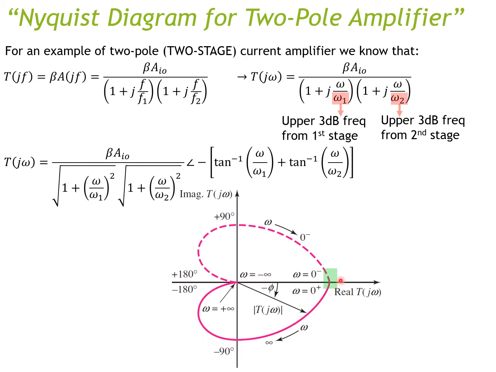Okay, so at omega equals 0, what can you see? Since this is a polar plot, you want to consider the magnitude, which is the length of the vector. In other words, if I grab a point right here, and determine the distance between this point and the origin, that will be the magnitude.